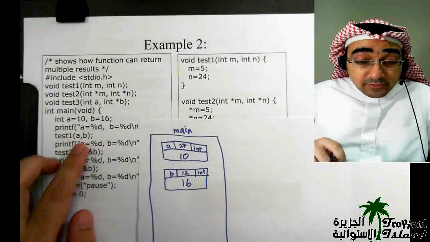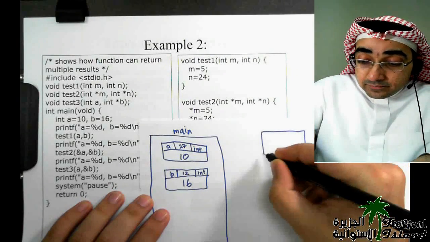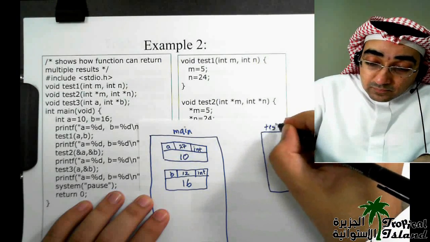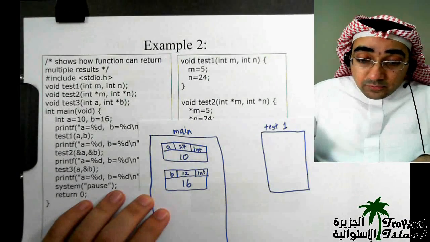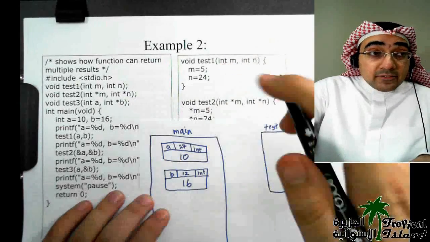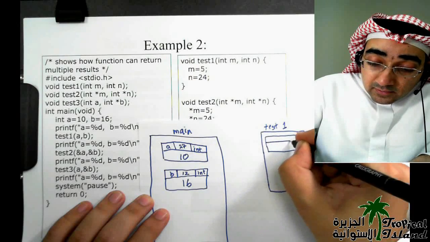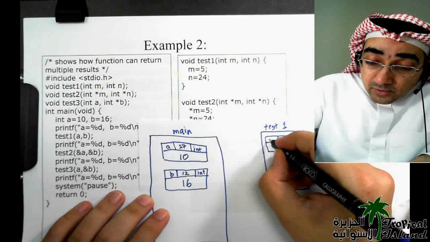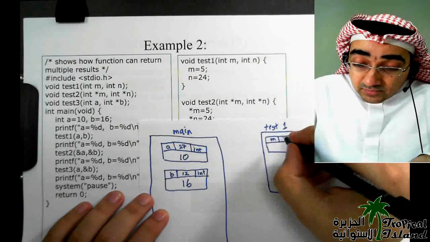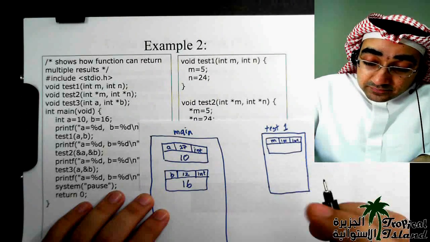When I call the function test1, I am going to be allocated memory for the test1 function, and inside it I have two variables, m and n. I'm going to use the box notation again. I have a variable m, and it might have a different memory address, like 101, and the type is integer.